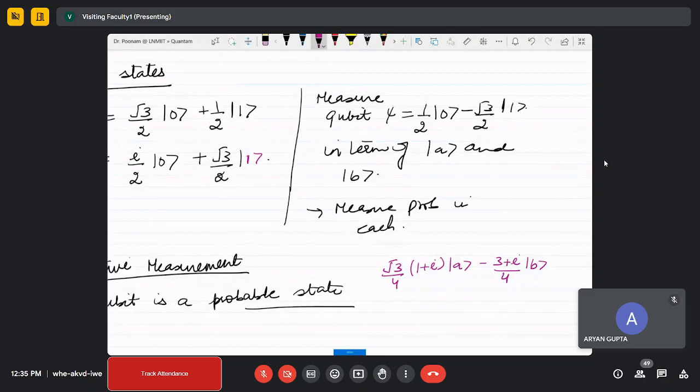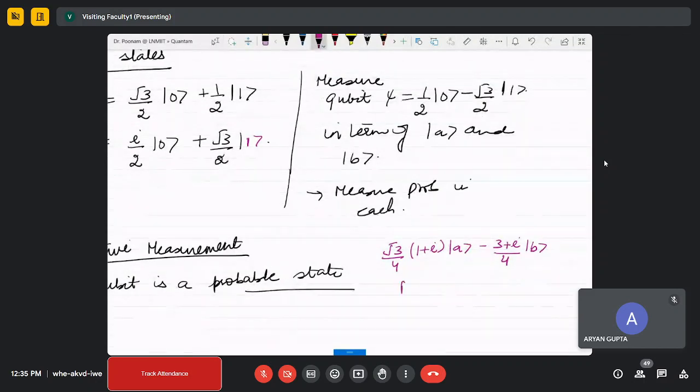So this is the answer, and the probability in A is 3/8. Ma'am, can you solve this question, ma'am?